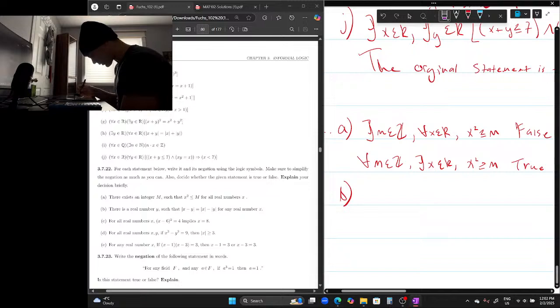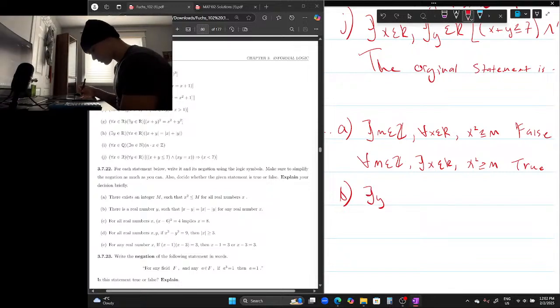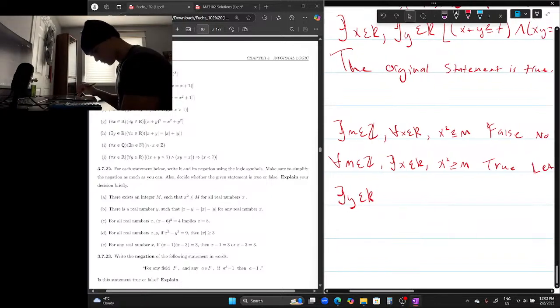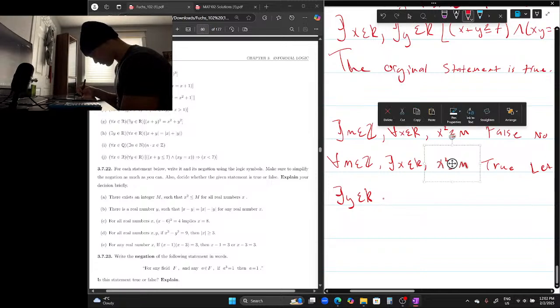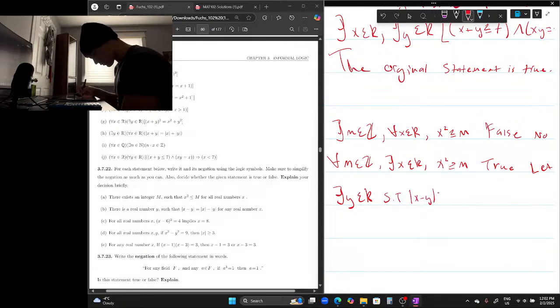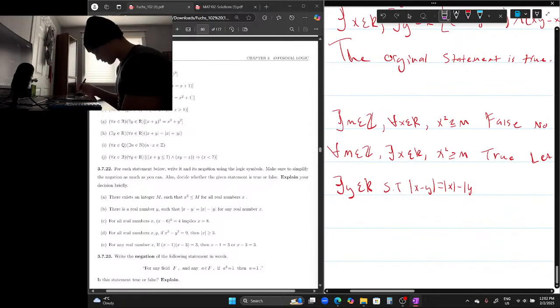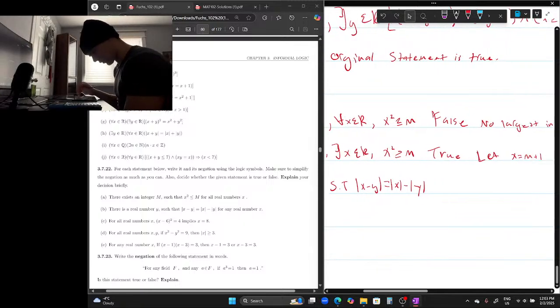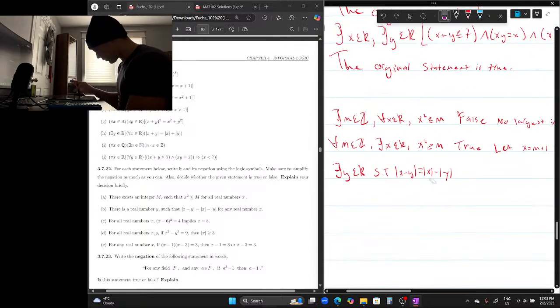There's row number 1. There's row number y equals x minus y. But why do they always put it after? Just tell me at the start.